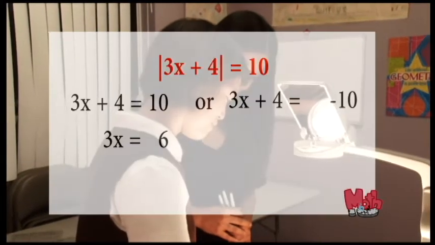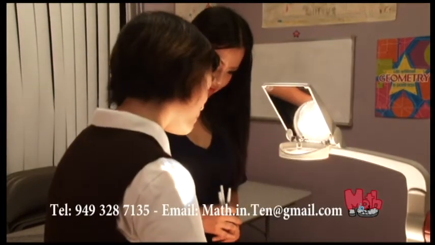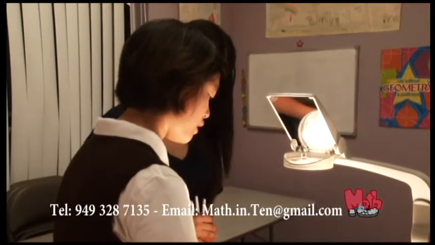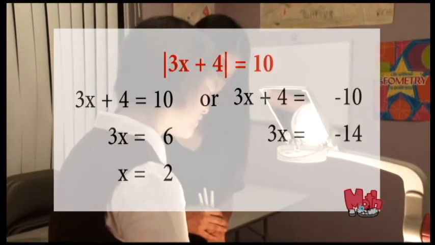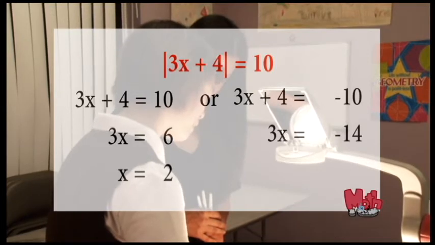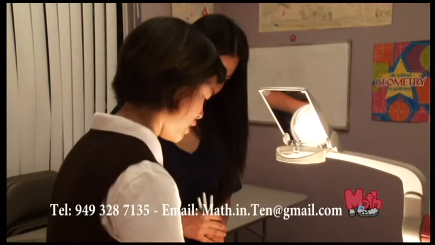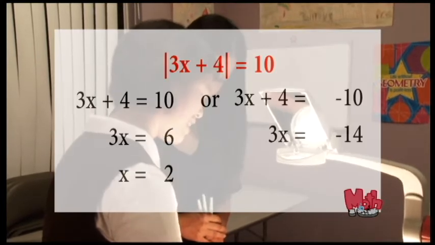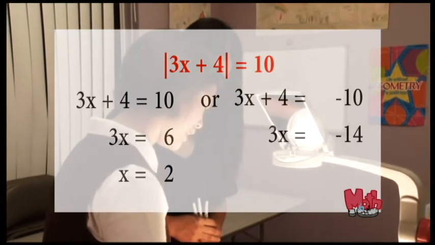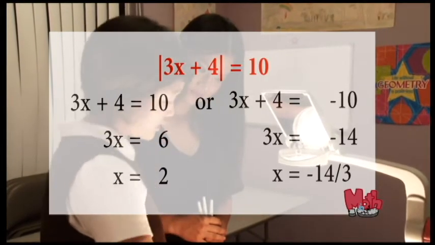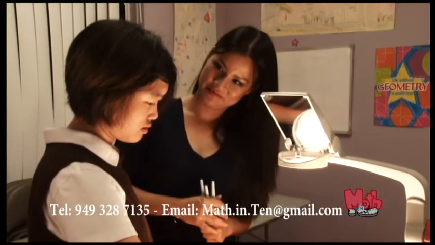Go ahead. And then x equals 2. First one down. Next problem. Minus 4 from both sides. That equals negative 14. 3x equals negative 14. Divide both sides by 3. X equals negative 14 over 3, isn't it?